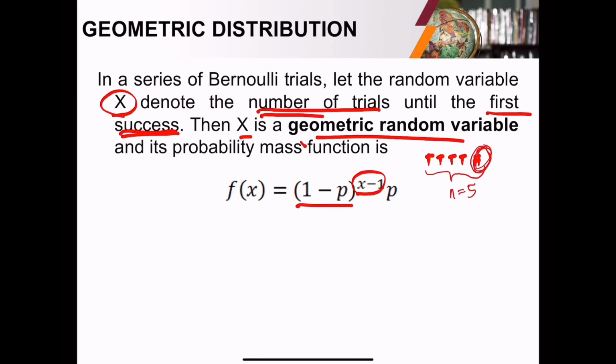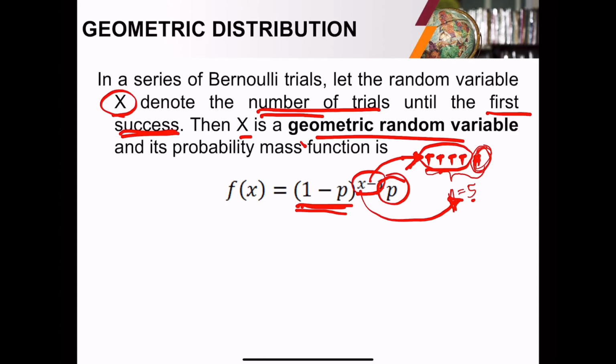Therefore, etong 4 na tail na to, this will be represented by this exponent x minus 1, where x represents your trial number. So, in 5 trials, minus 1, 4 na trial muna na failure. Kaya you have your probability of failure here, multiplied by that 1 success we're waiting for. So, that would be 1 minus p raised to x minus 1 times p.